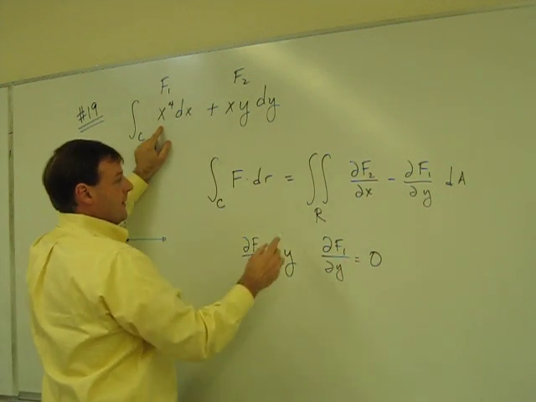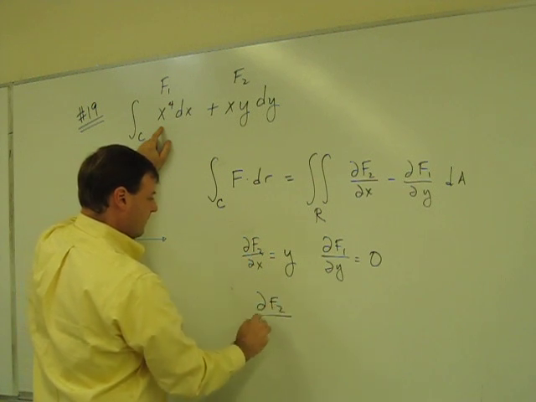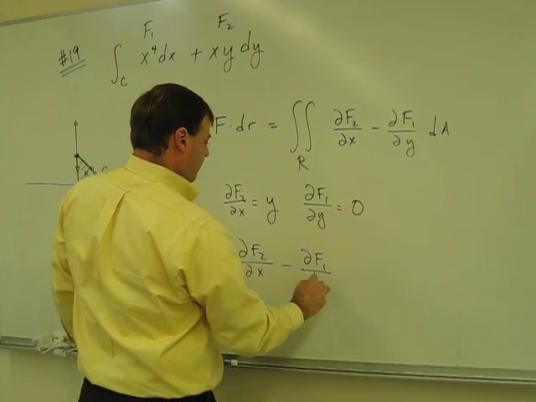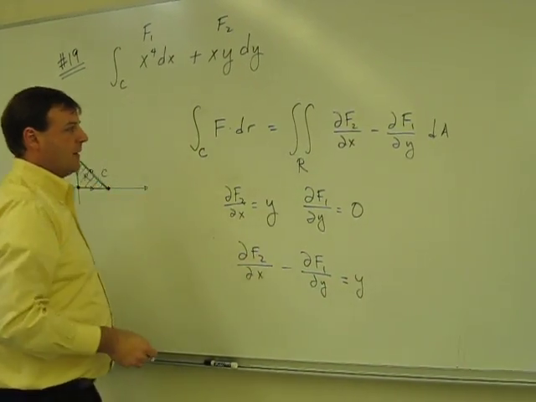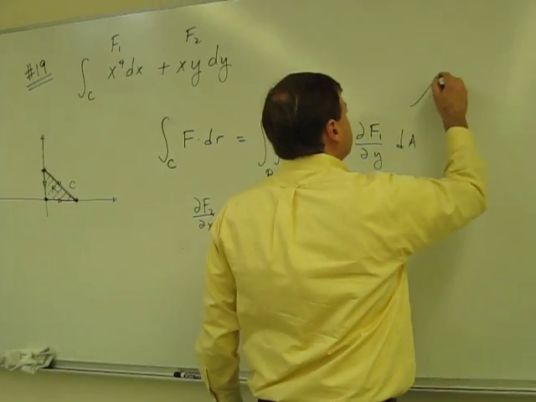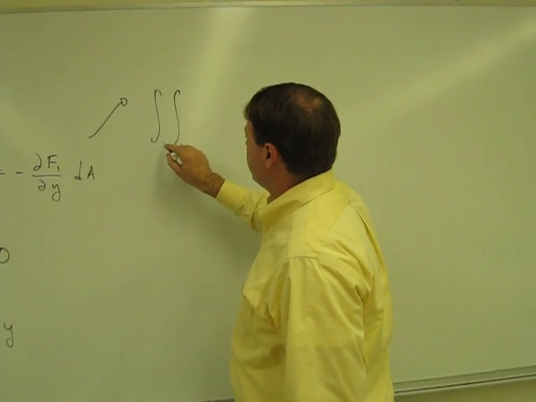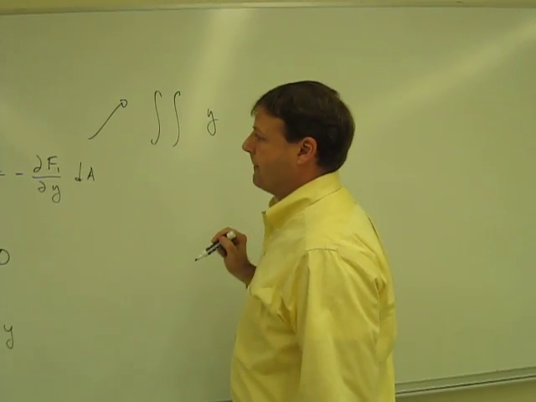So this is the integrand, that's equal to just y when I put those two together. So let's set this integral up. I need to know the bounds of the integral. This is going to be the integrand, it's just y.